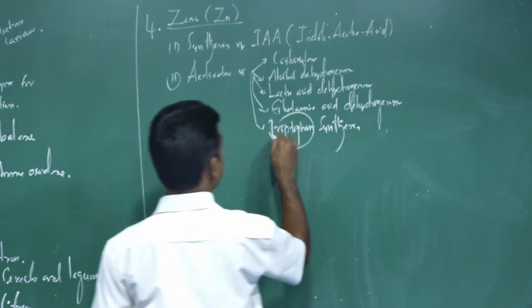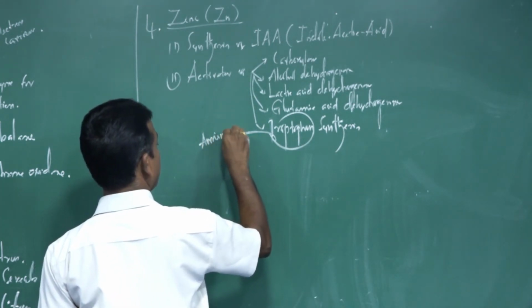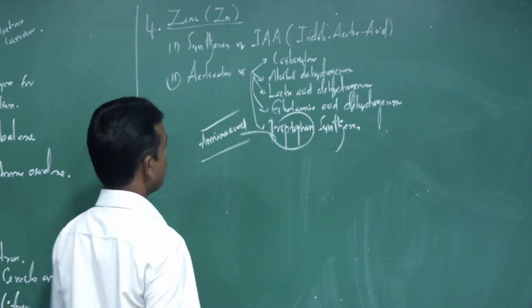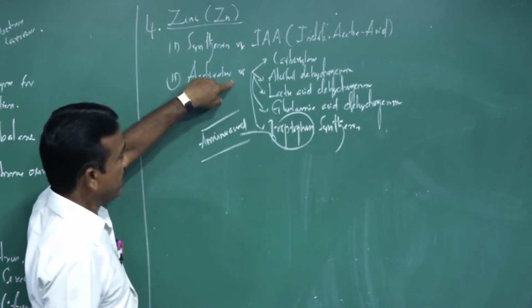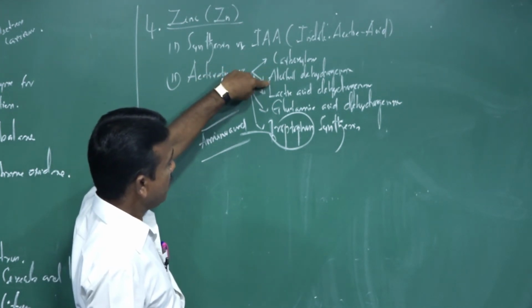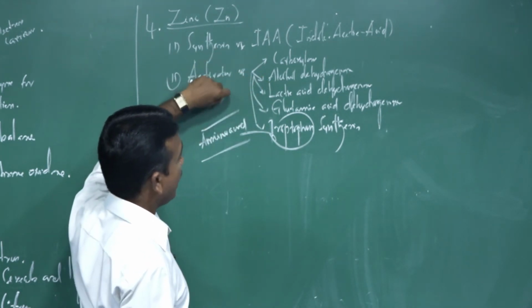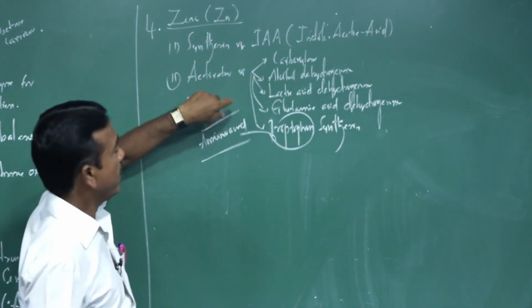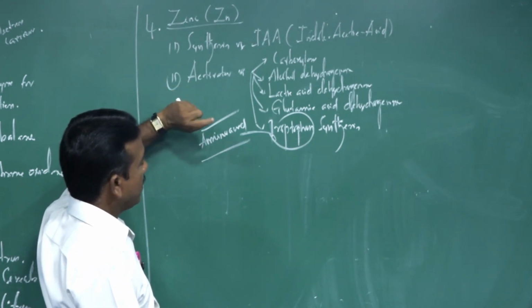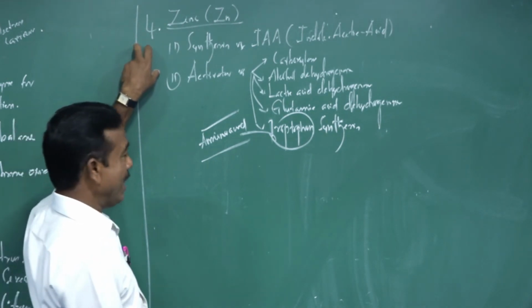Tryptophan is nothing but a kind of amino acid. So you can say that it is an activator of carboxylase, alcohol dehydrogenase, lactic acid dehydrogenase, glutamic acid dehydrogenase, and tryptophan synthesis.